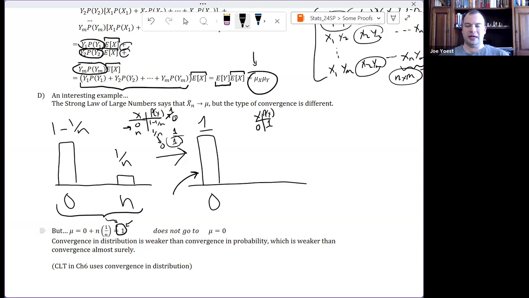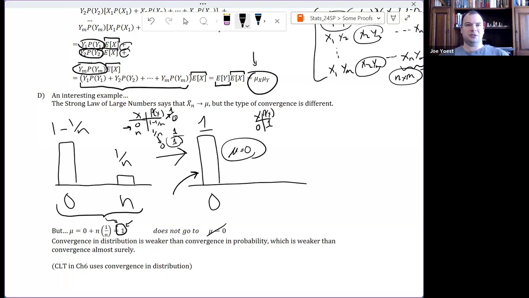For n equals 1,000? It's 1. As n gets bigger, the mean is always 1. It does not converge to 0. Clearly, the mean of the limiting distribution is 0, right? So just because the underlying frequency distributions converge does not mean that the means necessarily converge.